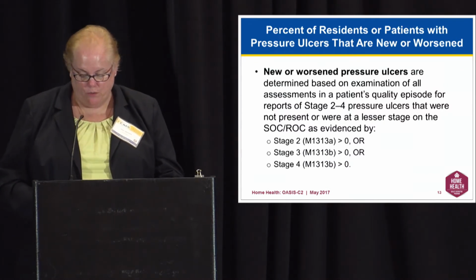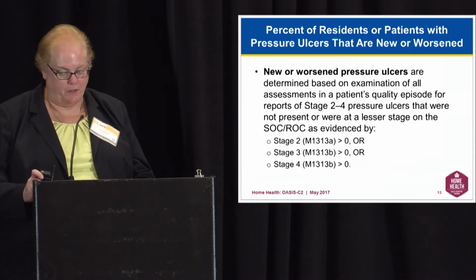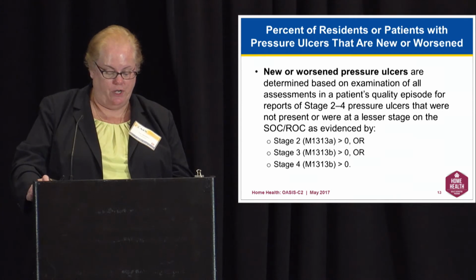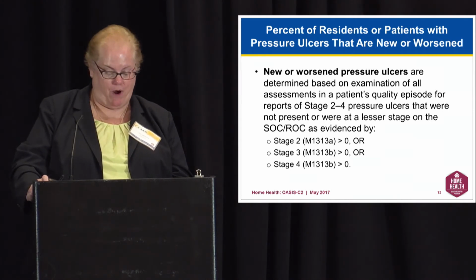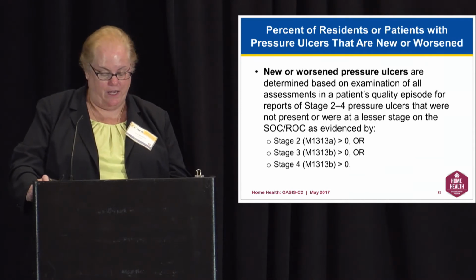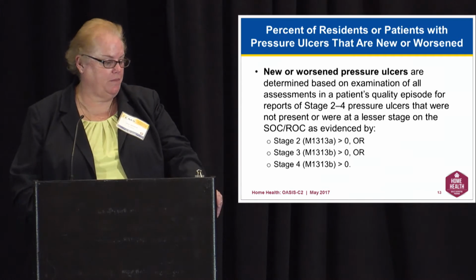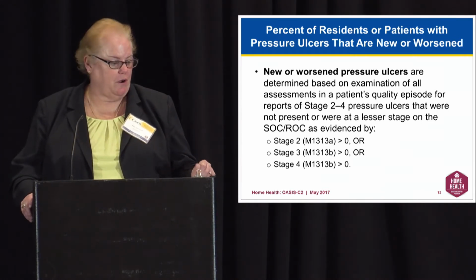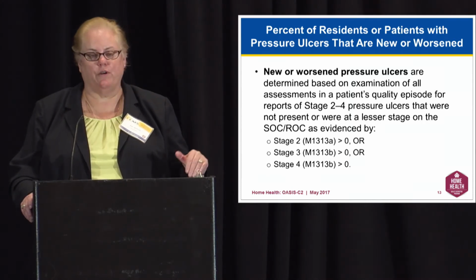So then we have the new or worsened pressure ulcers, which are determined based on examination of all assessments in a patient quality episode for the reports of stage 2 to 4 pressure ulcers that were not present or at a lesser stage on the SOC or the ROC. What you'll see here is stage 2 at M1313A, it's saying it's greater than 0, or in each one of those for stage 2, 3, or 4.